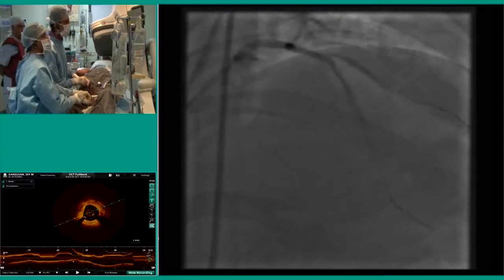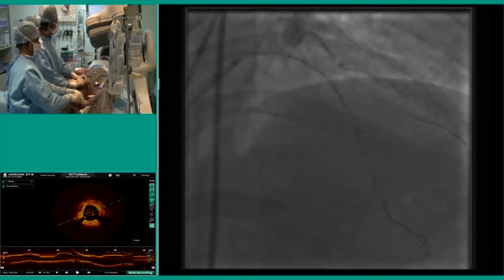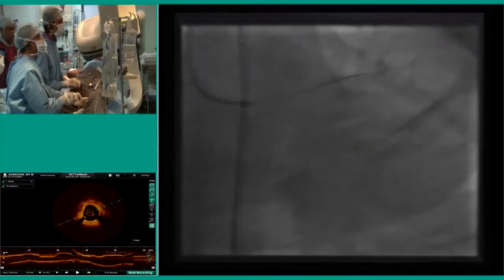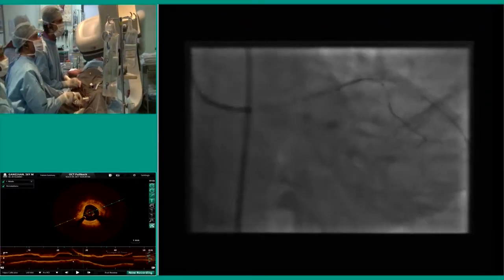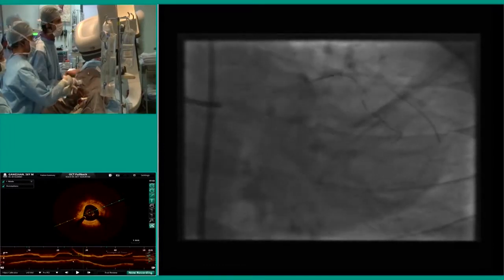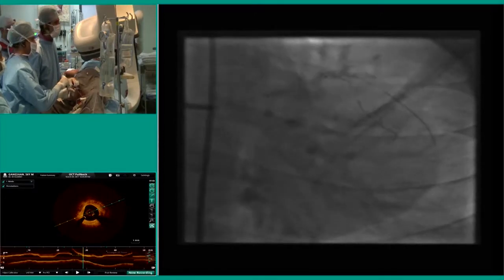Can you come caudal, please, quickly? Test again. Okay, go up. So now you're checking the proximal landing zone. 9, 10, 11, 12.